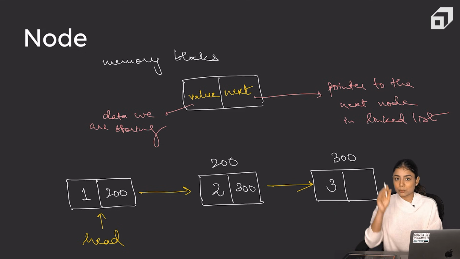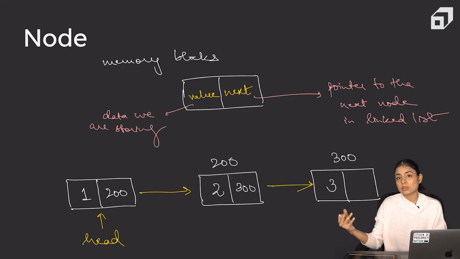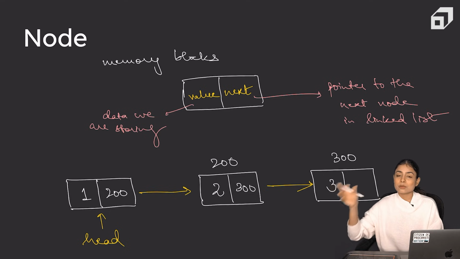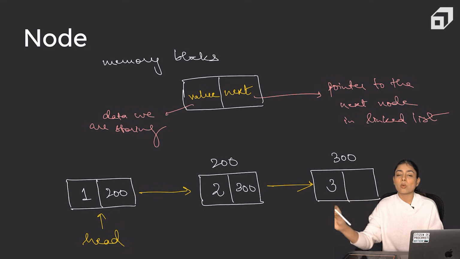Because the head pointer will be pointing to the first node, the first node will be pointing to the second node, so I'll get the second node from there. From the second node I'll be able to get to the third node, and so on. So if I'm just given the head of a linked list, I can traverse all of the nodes of my linked list.